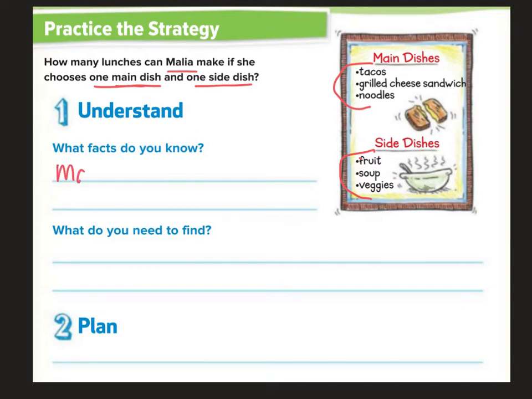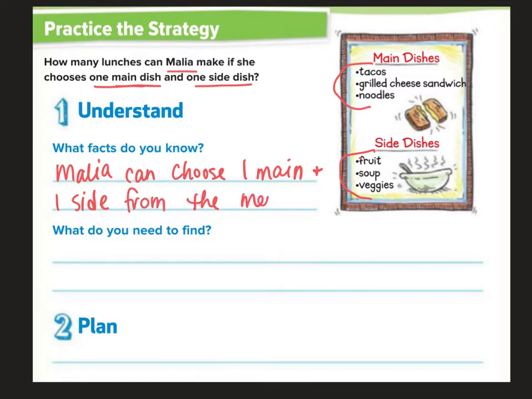Malia can choose one main dish and one side dish from the menu. Okay, what do we need to find? The number of lunches.